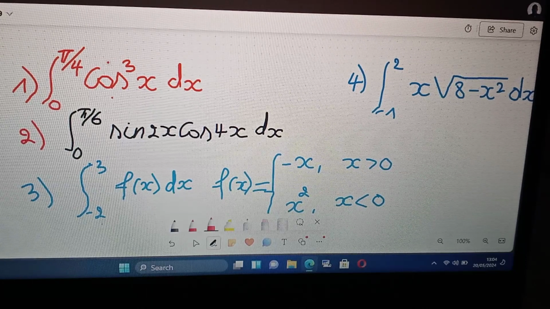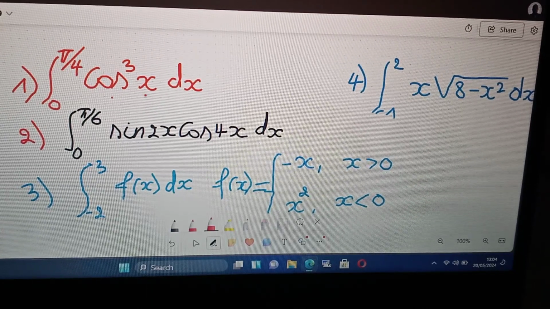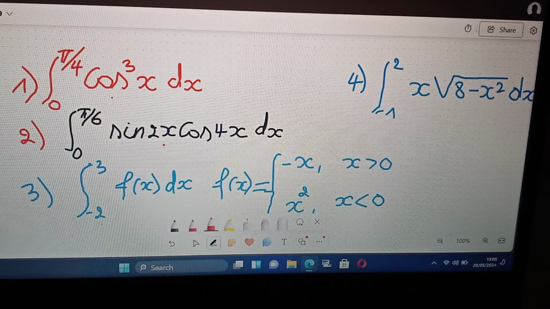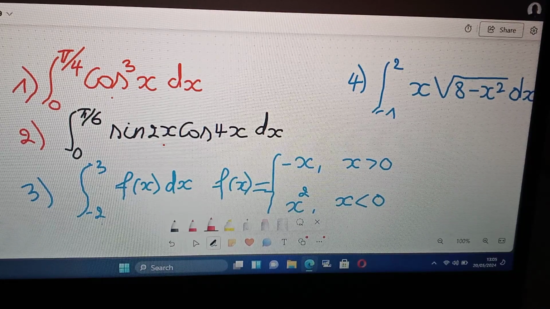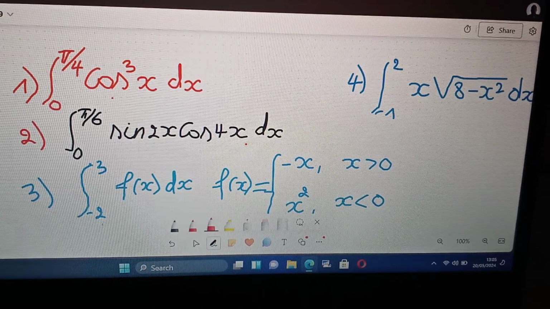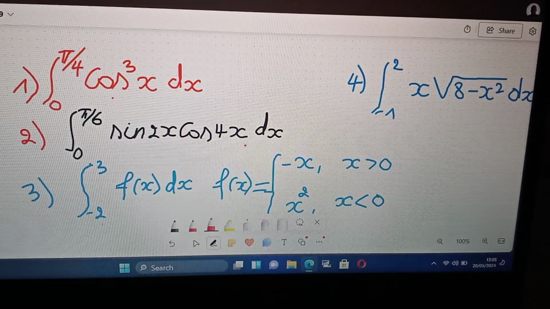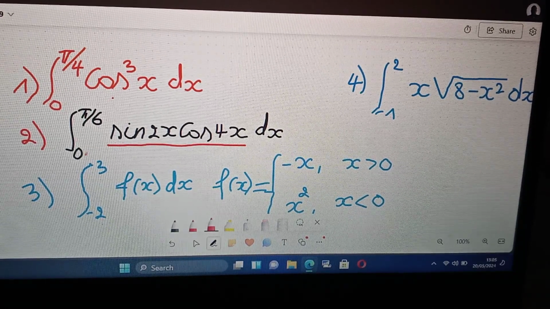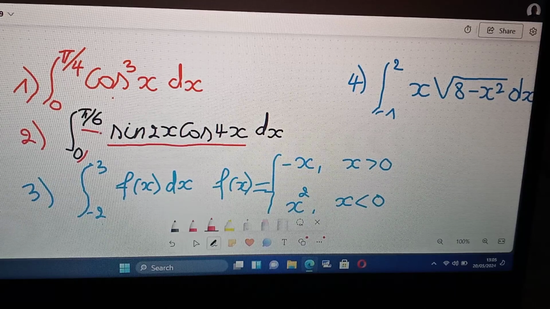Try to apply the reduction formula, then you replace boundaries. Number 2 is to integrate the product of sine and cosine using the transformation formulas of Simpson, try to integrate sine 2x cosine 2x from 0 up to pi over 6 dx.